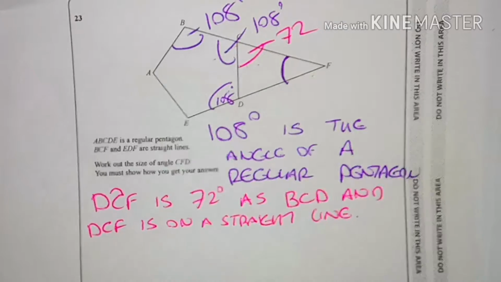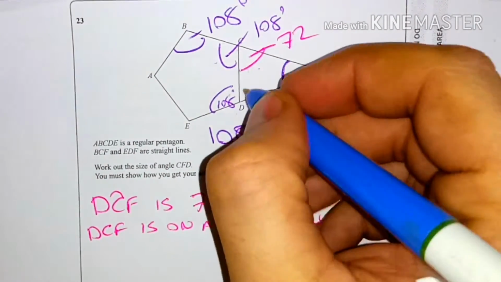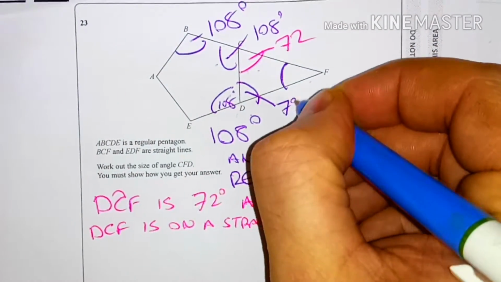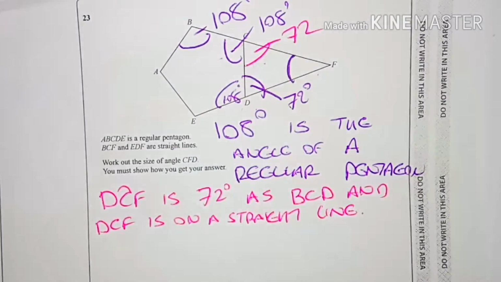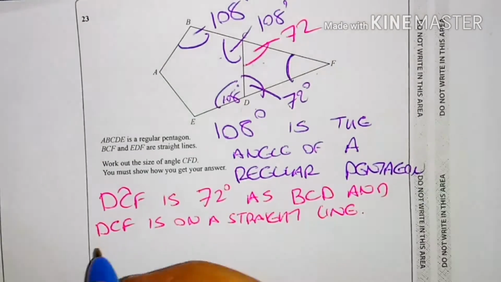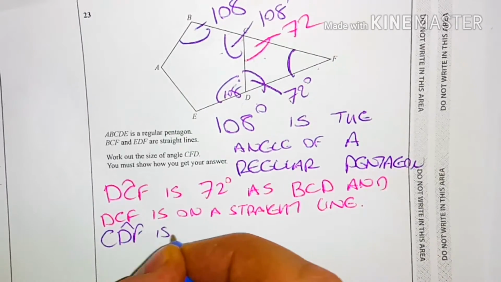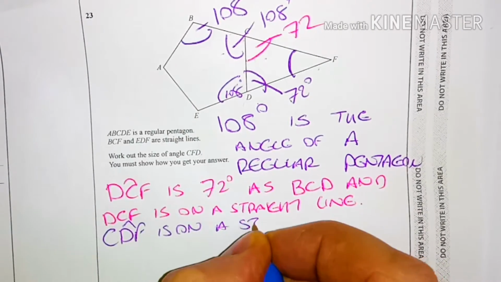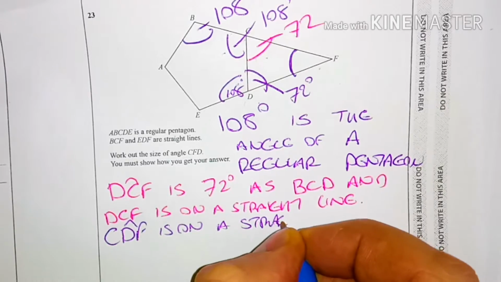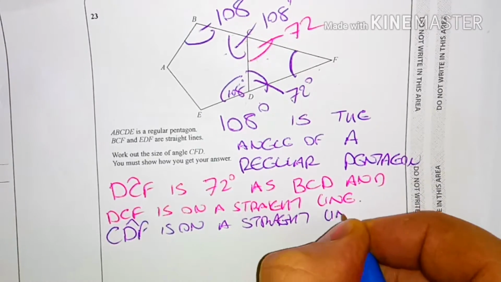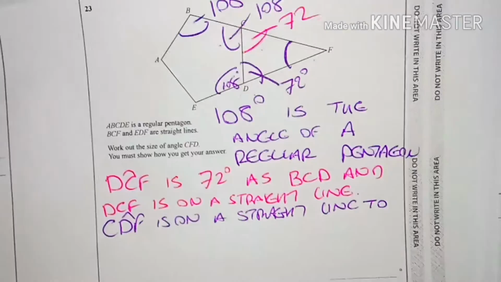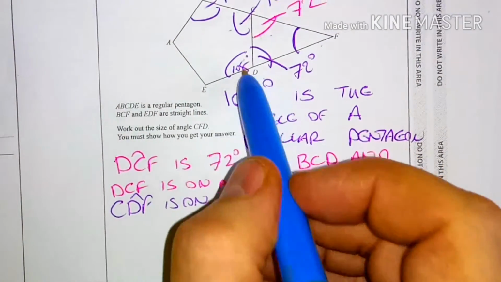Now, the one at the bottom, which is CDF, also has to be 72 degrees, because again it's on a straight line. So write down that CDF is on a straight line to CDE.